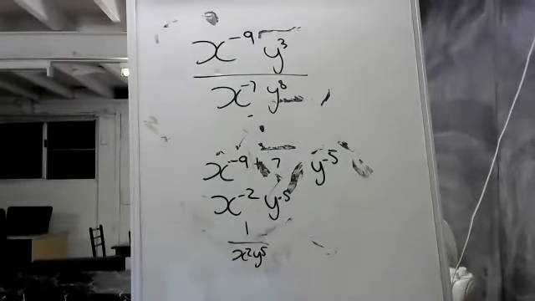I did x to the negative 7 plus minus negative 9. Yeah. And so I got y over 3, and then over x to the 2 y 8, and then I did the next one and then I ended up with just 1 over x squared y to the 5.